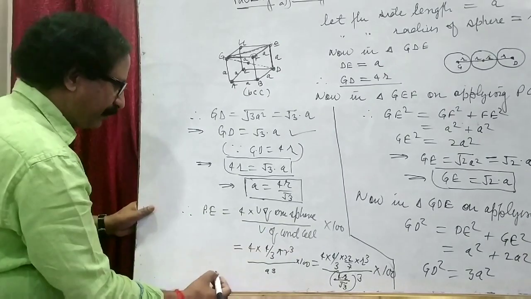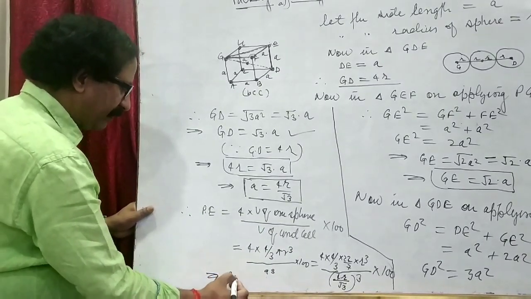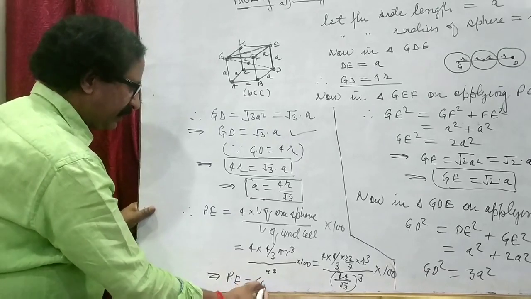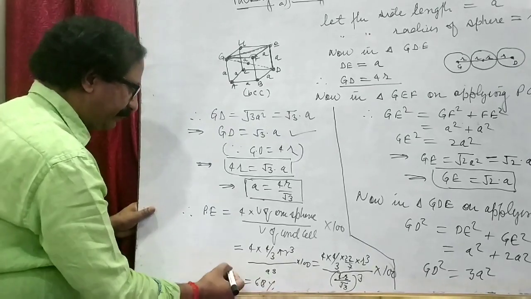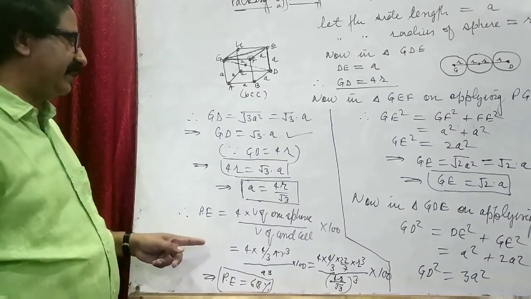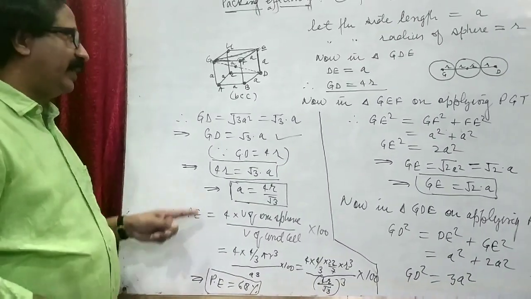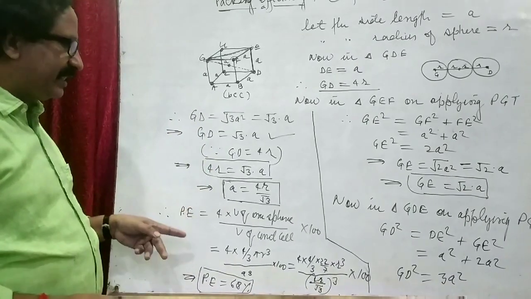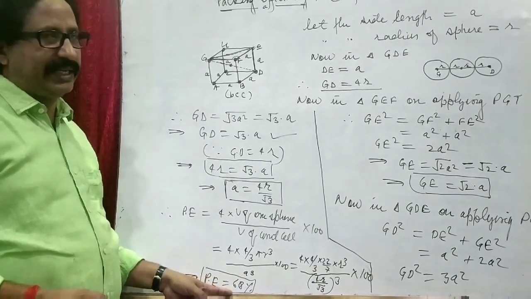And when you will solve this properly, its value becomes equal to packing efficiency 68%. Therefore, for BCC, its packing efficiency is 68%.